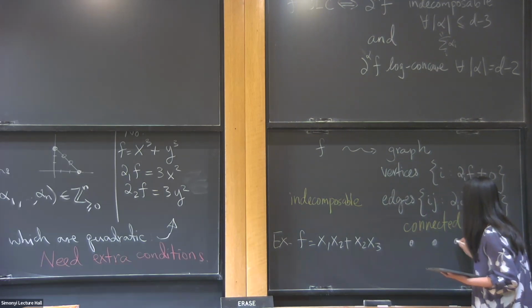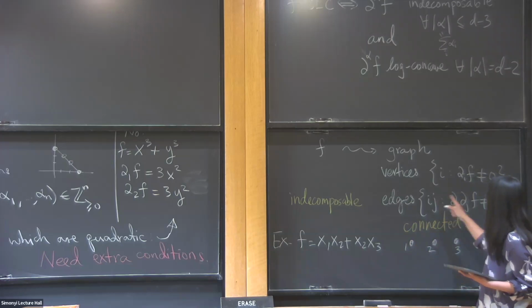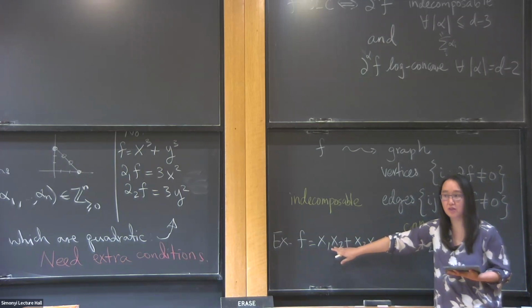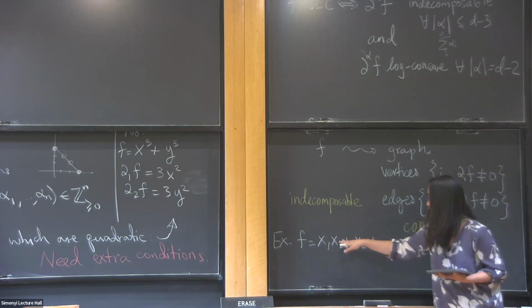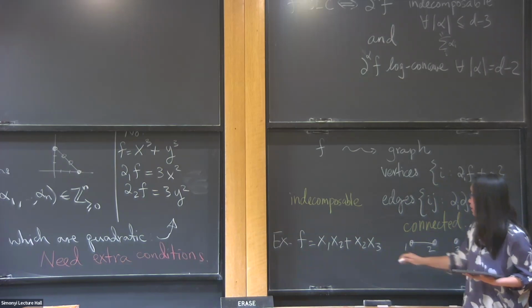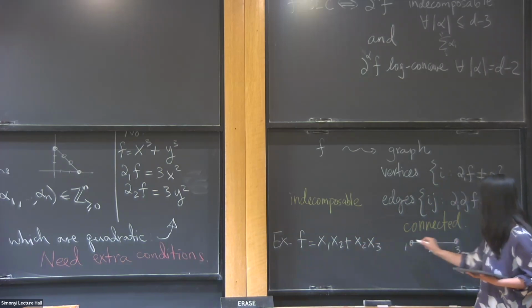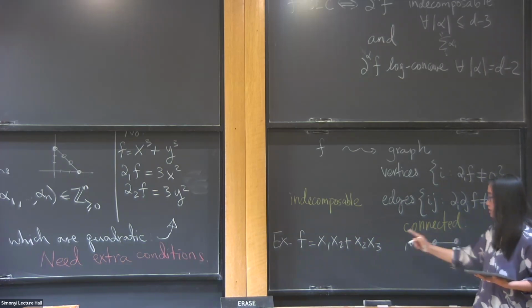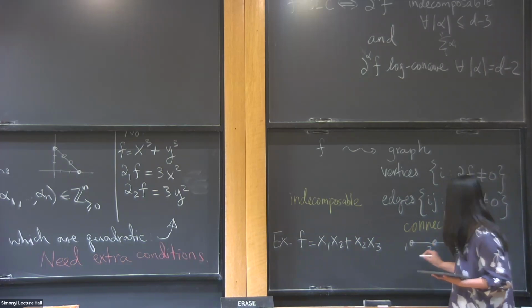So my vertices are 1, 2, and 3. For the edges, you're looking for pairs of variables that appear together. Here x1, x2 appear together, x2, x3 appear together, but x1, x3 do not. So this is indecomposable.